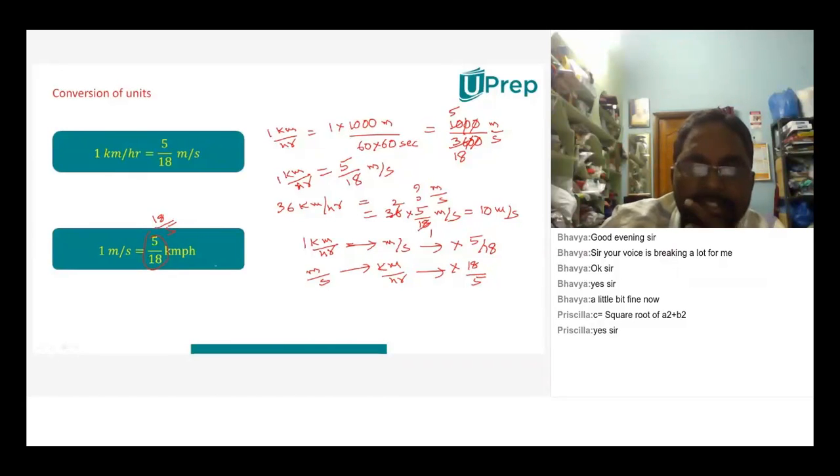So let us find out whether it is right or wrong. 1 meter per second. Now tell me, 1 meter can be written as how many kilometers? 1 meter is equal to how many kilometers? Kilo is already 10 power 3, that is 1000.